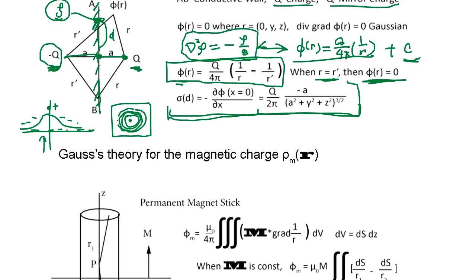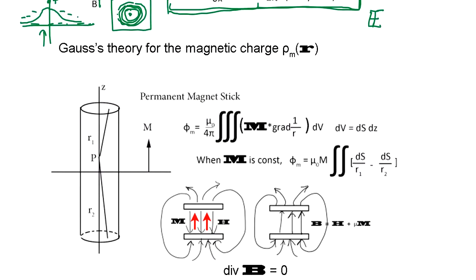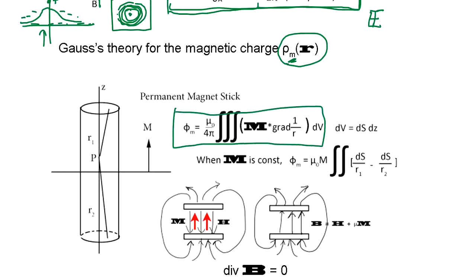So this is a way to solve Poisson's equation without the electric field, using the Gauss formula. The Gauss formula is also applied to the potential for the magnetic field. For magnetic field, in Poisson's equation, when there is magnetization M, it becomes like this. You can look at the reference book or textbook.